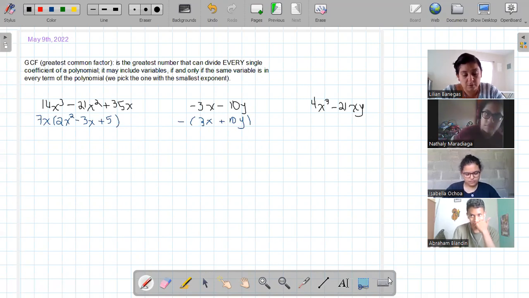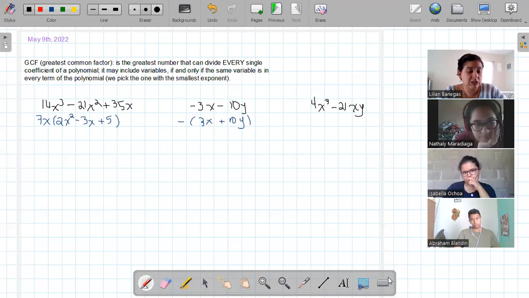Is there a number besides 1, since we said that we're not going to use 1 as a GCF, that can divide 4x cubed and negative 21xy? What would be the monomial that is the GCF?